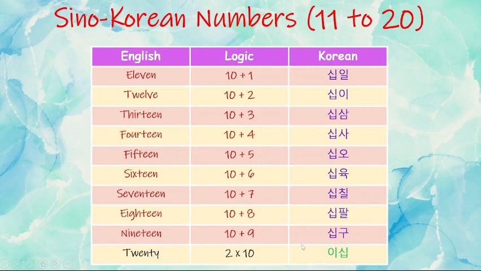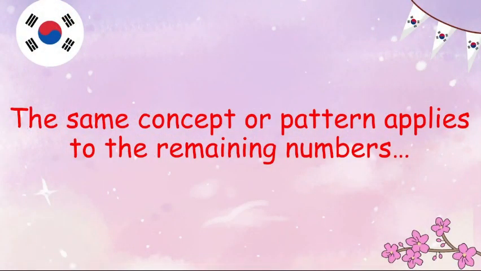And 20, remember, here 20 is 2 times 10. So 20 is E shib. Now based on this concept, all the remaining numbers from 21 to 99 can be formed. The same concept is applied on them too.